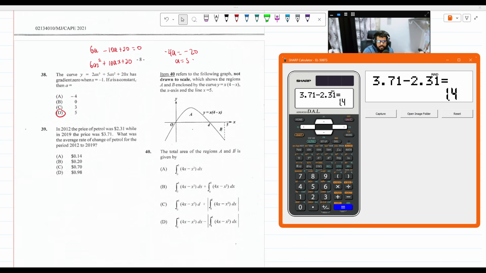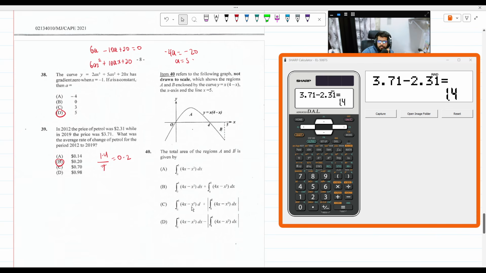From 2012 to 2019 is 7 years, so it would be 1.4 divided by 7, which is 0.2. 39 is B.